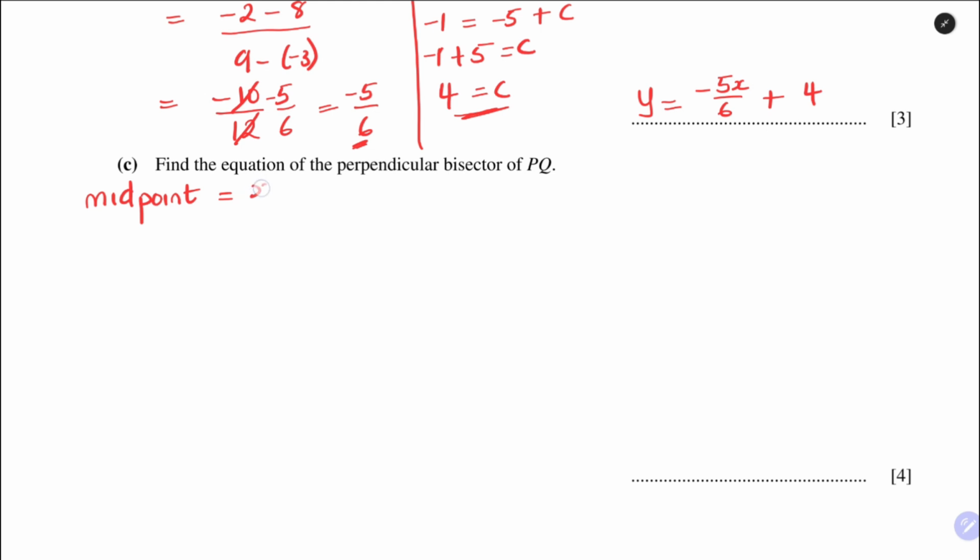The midpoint is given by x1 plus x2 over 2, comma, y1 plus y2 over 2.